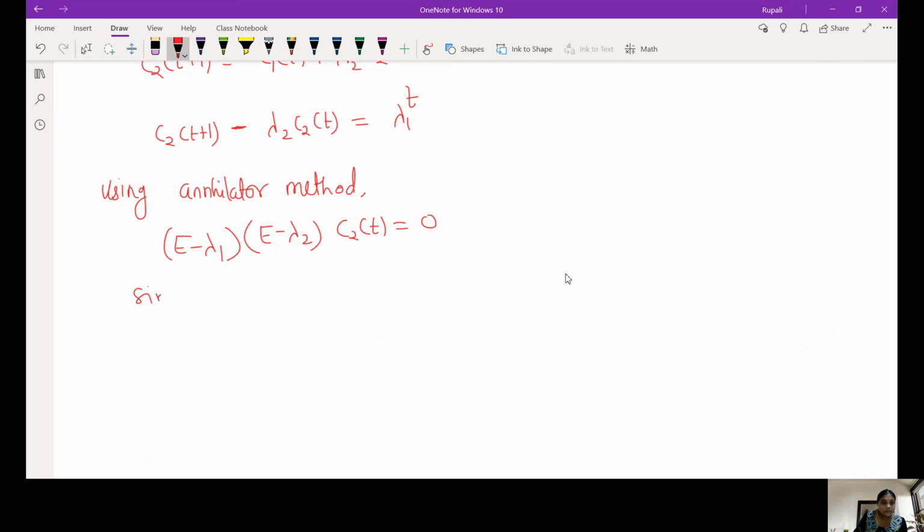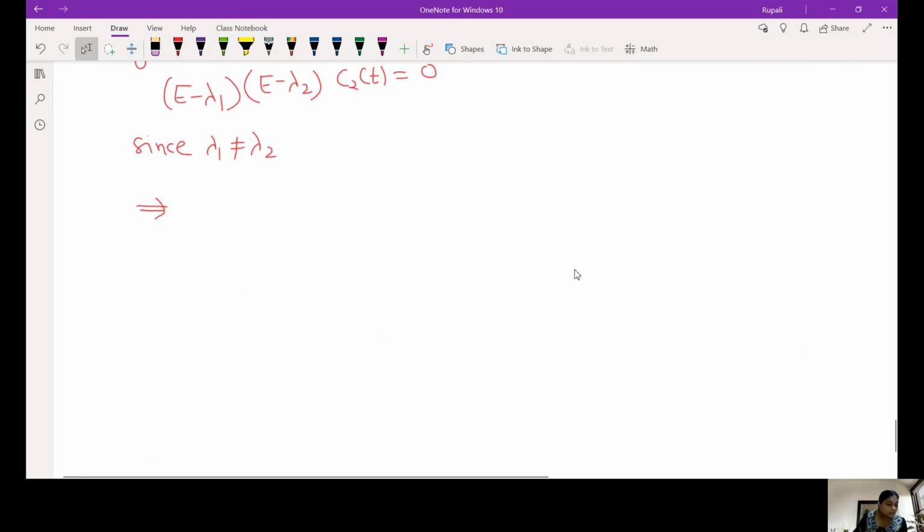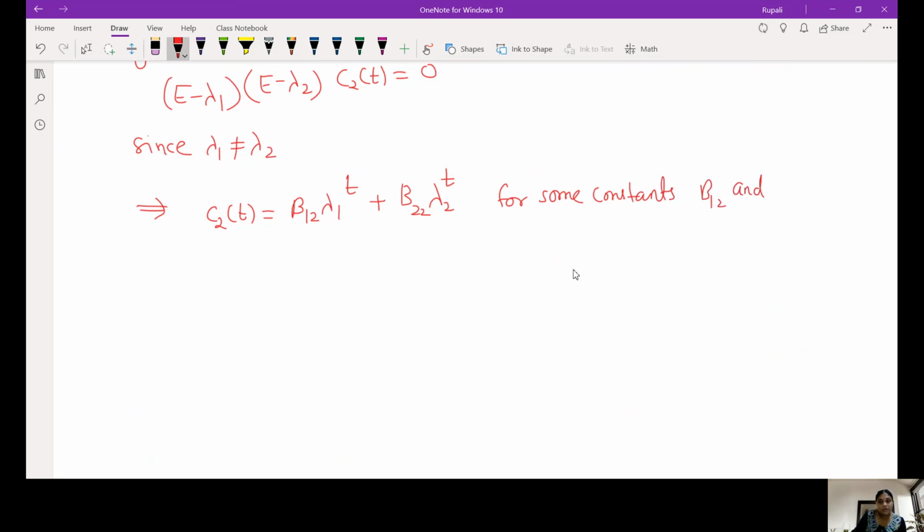Since lambda_1 is not equal to lambda_2, the solution is c_2(t) equal to b_1 lambda_1 raised to t plus b_2 lambda_2 raised to t, for some constants b_1 and b_2.